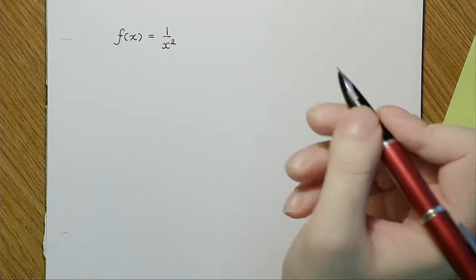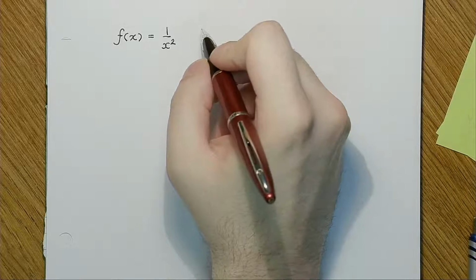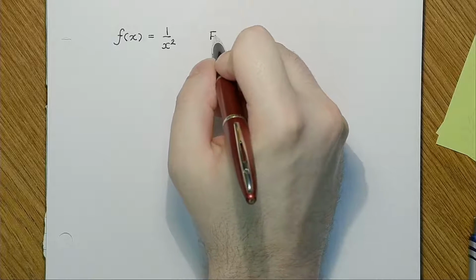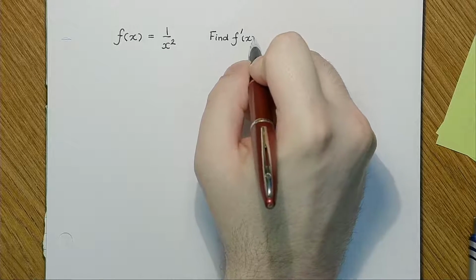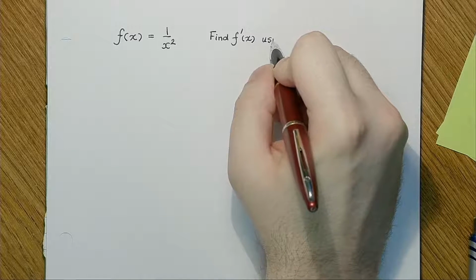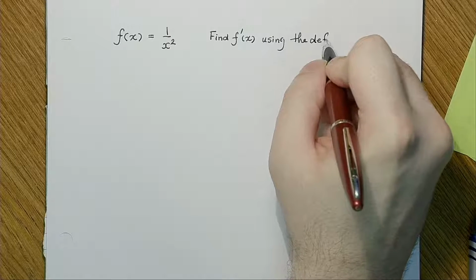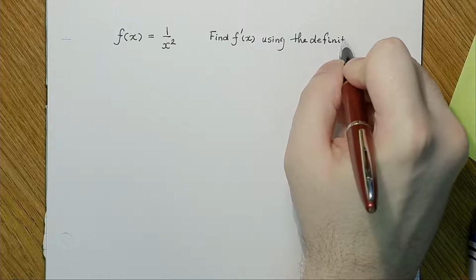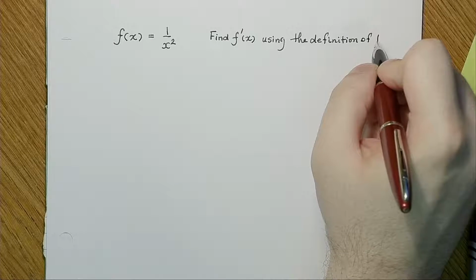So here's something like this. I have a function, f of x is 1 over x squared. Find f prime using the definition of the derivative.